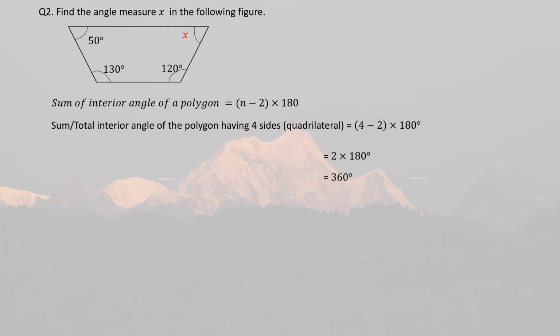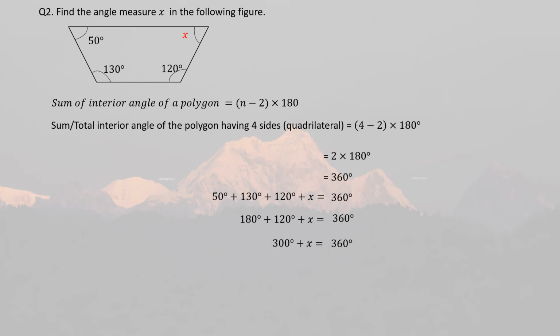Meaning if we add all of these angles, 50 degrees plus 130 plus 120 degrees plus x, we get 360 degrees. 50 plus 130 is 180, so we get 180 plus 120 plus x equals 360 degrees, and 180 plus 120 is 300 degrees, so we get 300 degrees plus x equals 360 degrees.